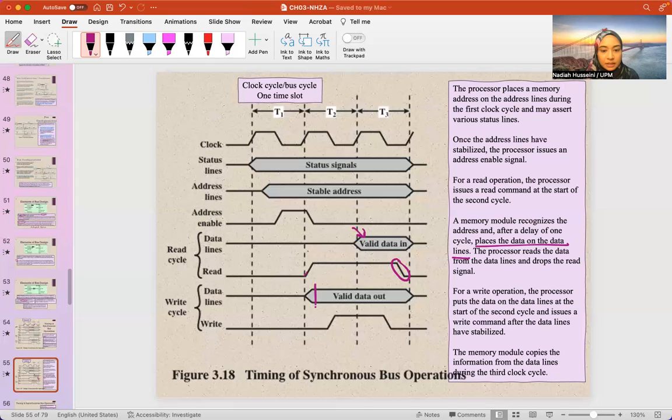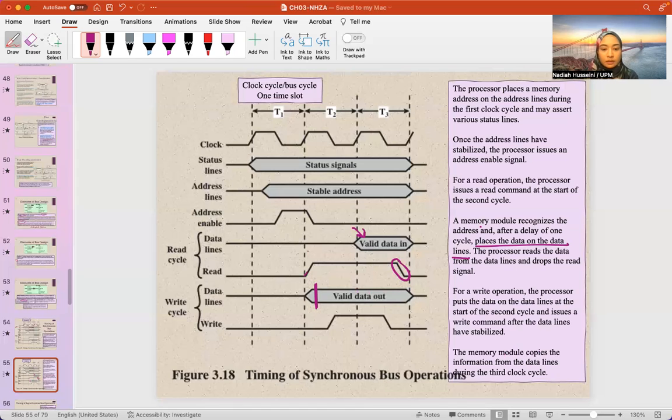So once it has stabilized over here, the processor issues a write signal, and the memory module copies the information from the data line. It copies during the third clock cycle over here, and then the processor drops the write signal.